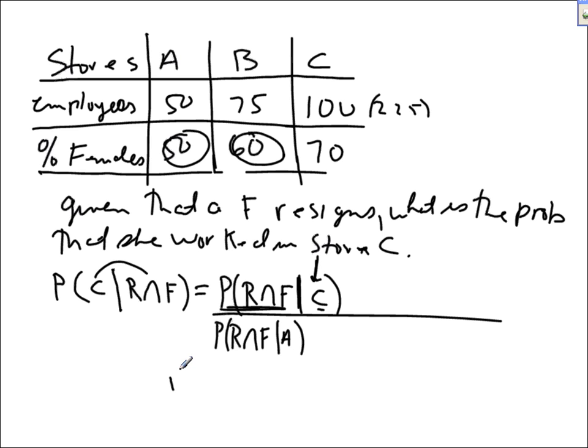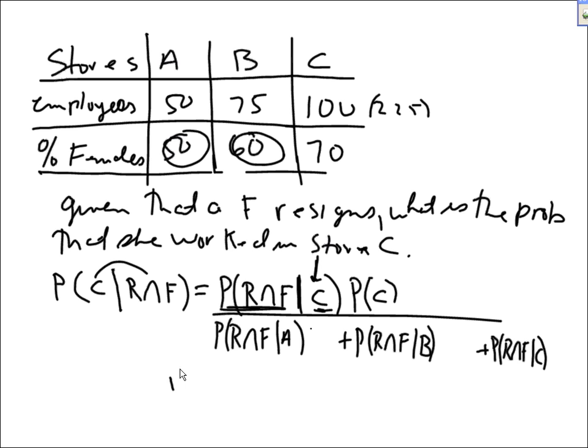She can be from store A. This female who resigned can be from store B. Or the female who resigned can be from store C. And for all of these four probabilities, conditional probabilities, I multiply by P of the given, and for the top, I multiply by P of C.